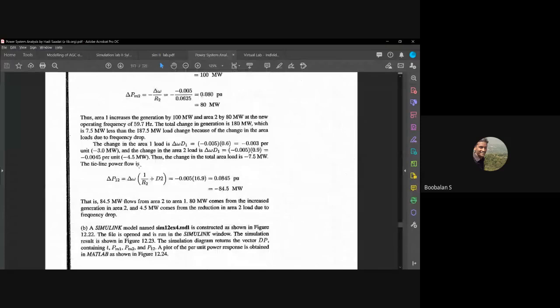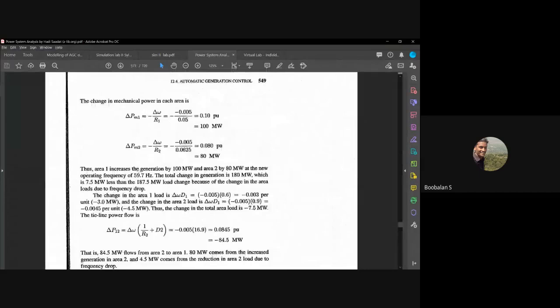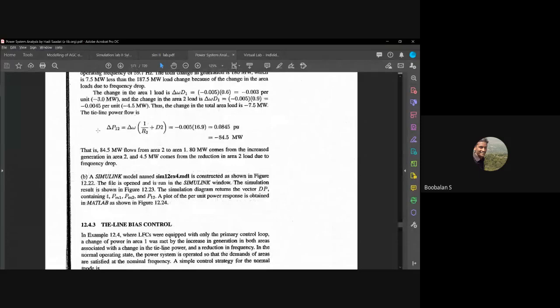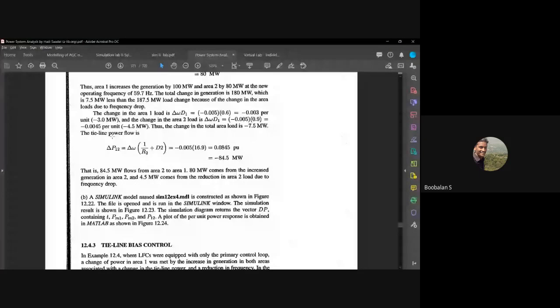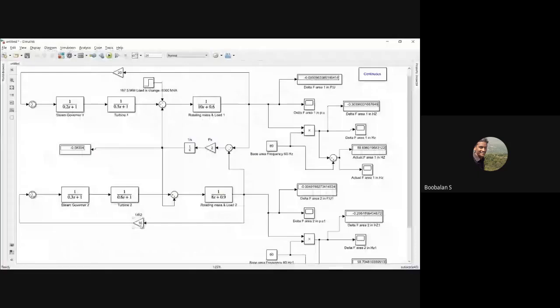I'm just looking at the synchronizing power coefficient calculation. Delta P12, the power which is now changing from 1 to 2, is multiplied with the change in frequency value multiplied by D2 plus 1 by R2. I'm just looking for the power flowing from area 1 to 2.